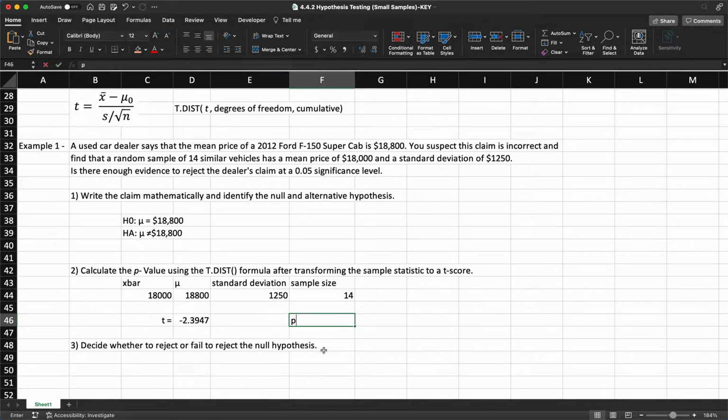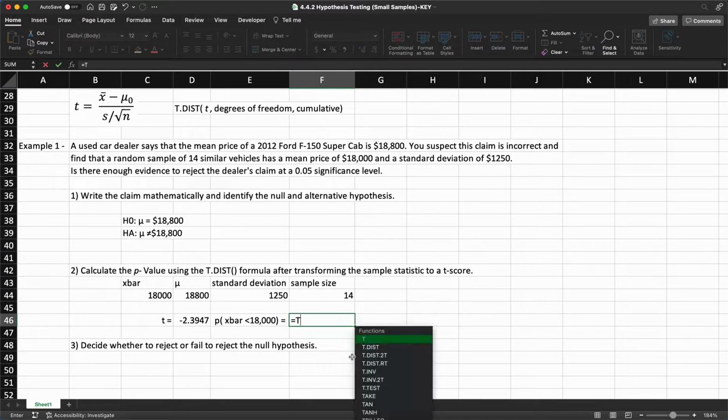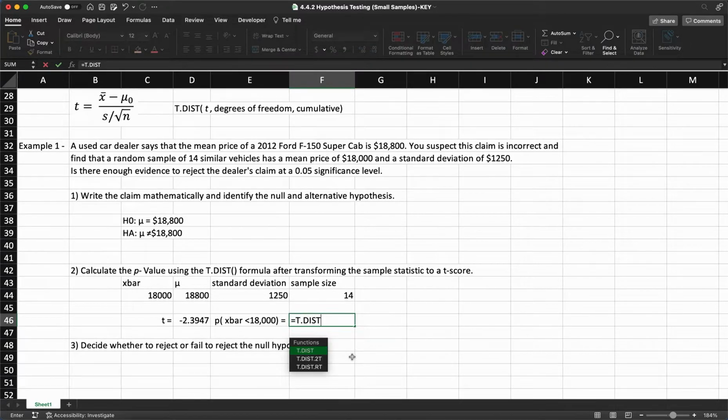And so the probability that x bar would be, so this is already less than our claim, so I'm going to say less than 18,000. That's going to be equal to, so now I can use my t.dist function.